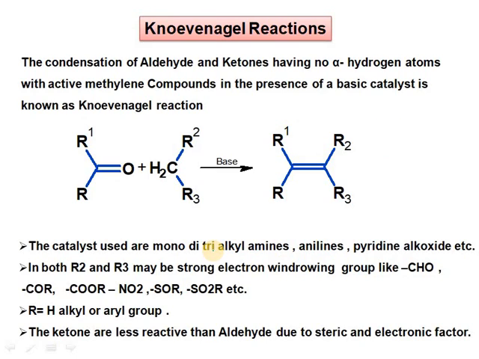Next type of condensation. Now we are going to discuss the Knoevenagel condensation reaction. This type of condensation reaction is also a condensation of aldehydes and ketones having no alpha hydrogen atoms.